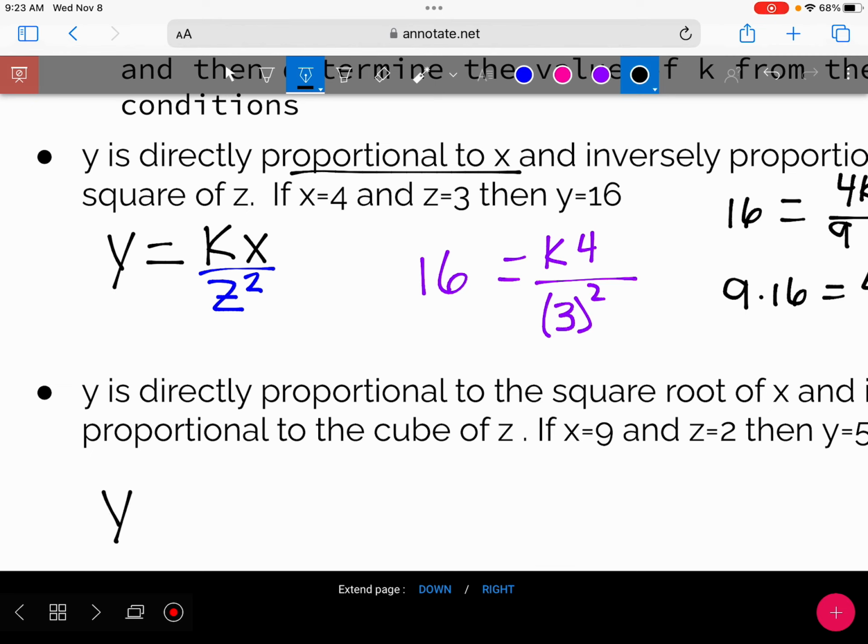So y is directly proportional to the square root of x and inversely proportional to the cube of z.